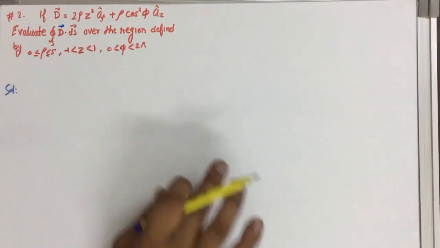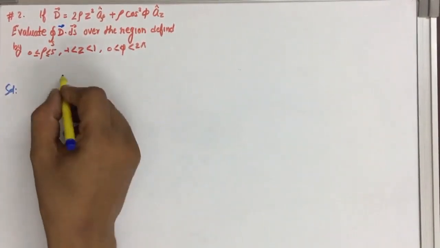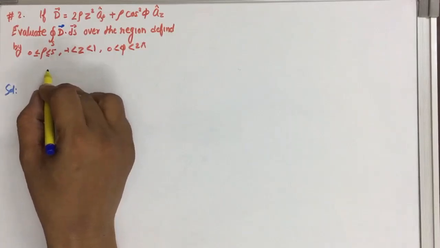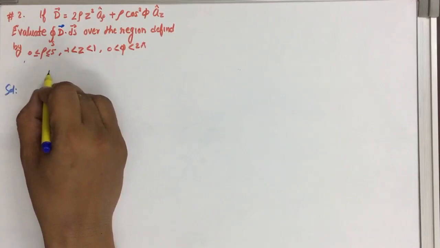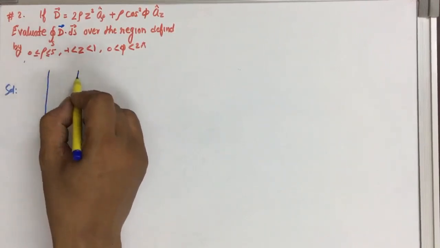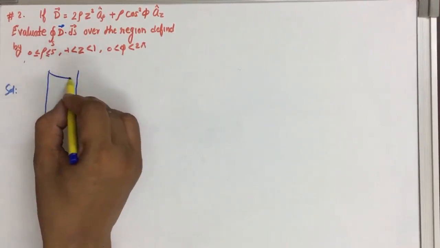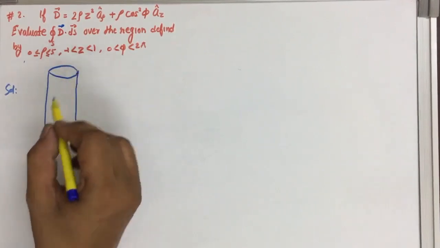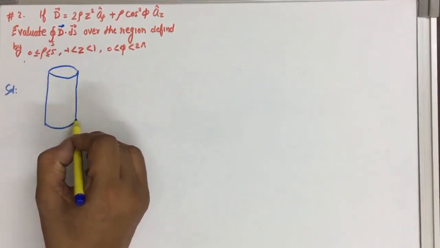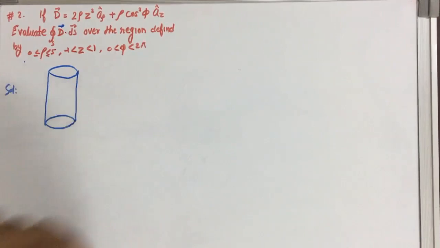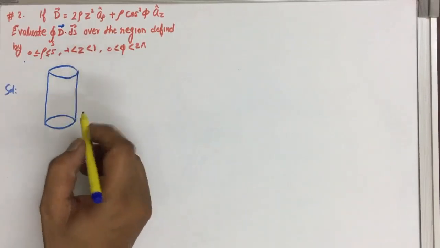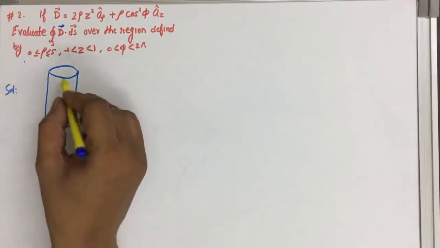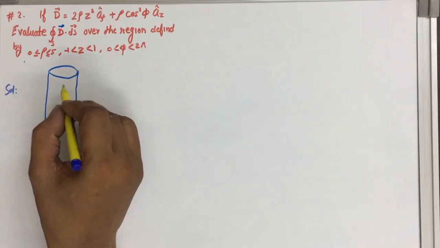So before starting the problem, let us draw the structure of the cylinder following this boundary. Okay, the cylinder's z axis is varying from minus 1 to 1, so the origin will be in the middle.